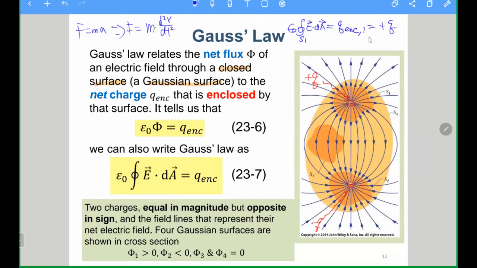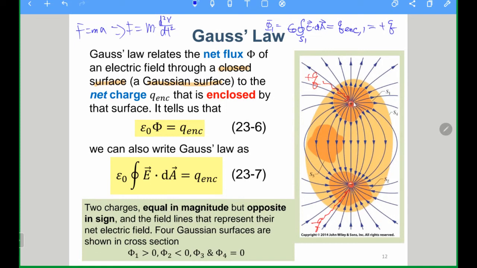So we can conclude that this surface integration is positive. Or in other words, phi 1 is positive. Next, if we apply Gauss law for S2, S2 only encloses the negative charge.